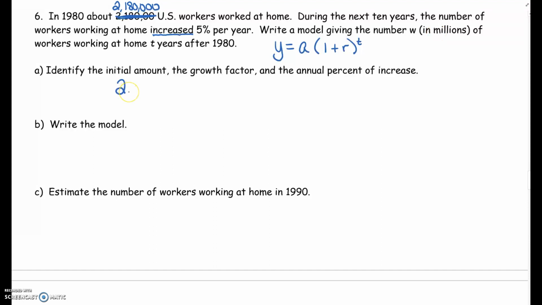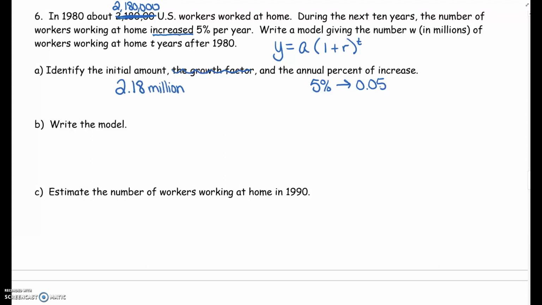That would be 2.18 million. Honestly, don't worry about the growth factor. I want you more to think about the percent increase. It's 5% increase per year. We are going to use the decimal 0.05.